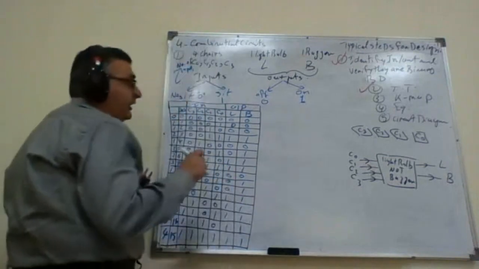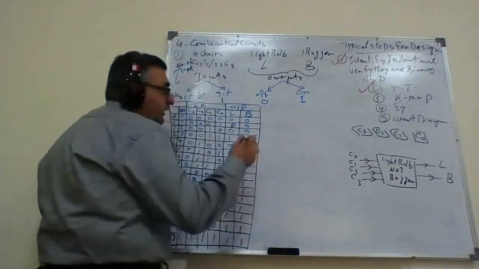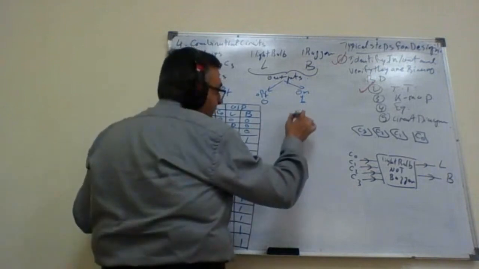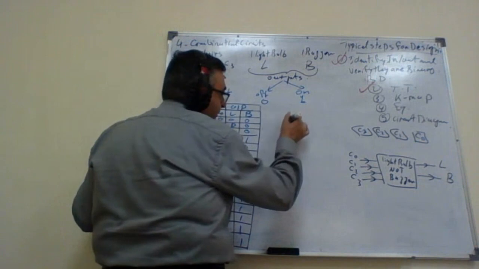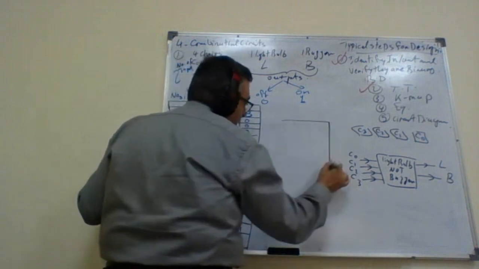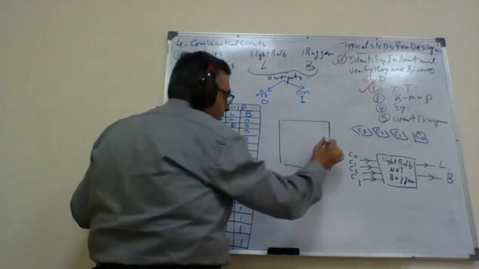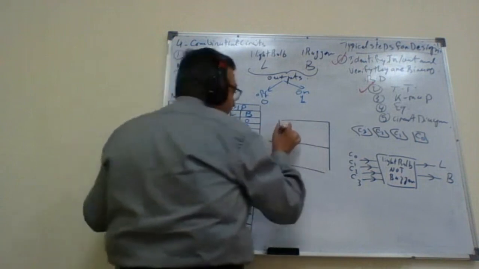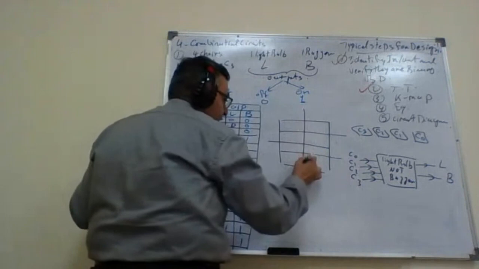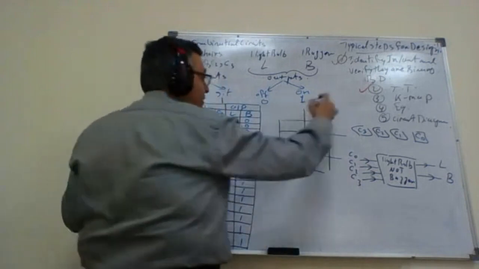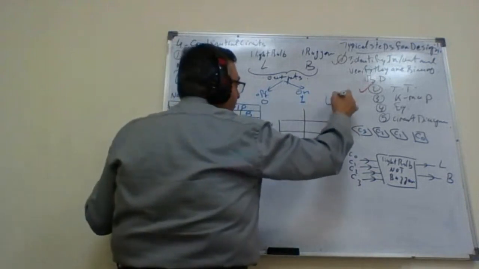And the K-map will be a 4-variable K-map, a big K-map. Okay? So let me draw the K-map here. K-map for 4 variables. You already have learned that in the tutorial. So this is the K-map for the output L.